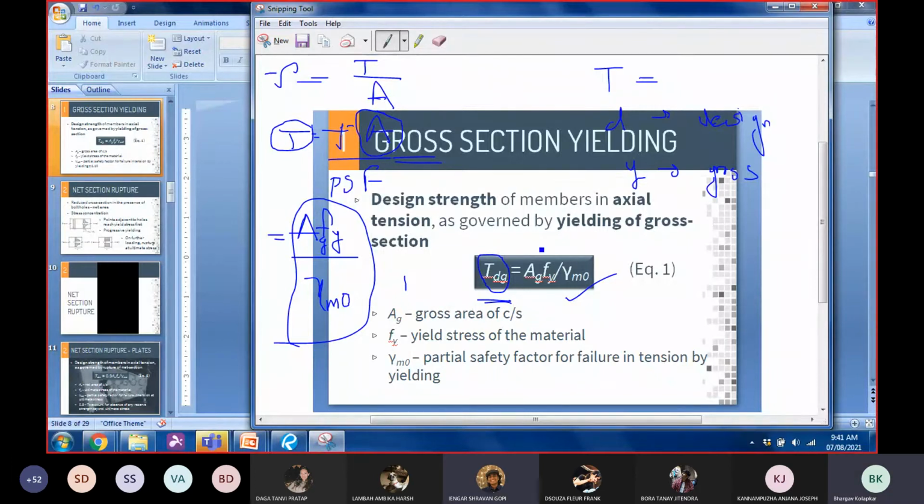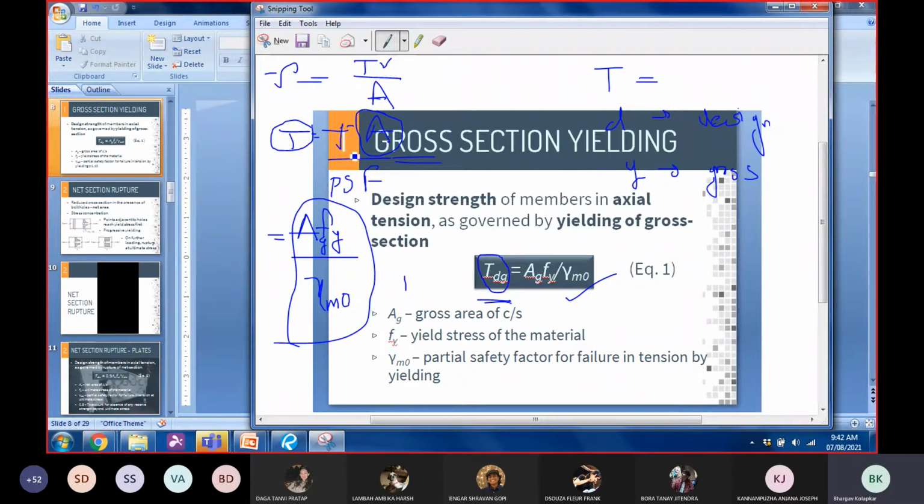Okay, so we are trying to find out the force at which gross section yielding occurs, meaning that we are trying to find out the force at which the entire section yields. Okay, meaning that the stress in the entire section is Fy. So we know that stress is equal to force upon area. We are trying to find out what the force is. So we will multiply stress into area. So this T is equal to stress into area. But we have seen that for finding out any design strength, we divide it by a partial safety factor.